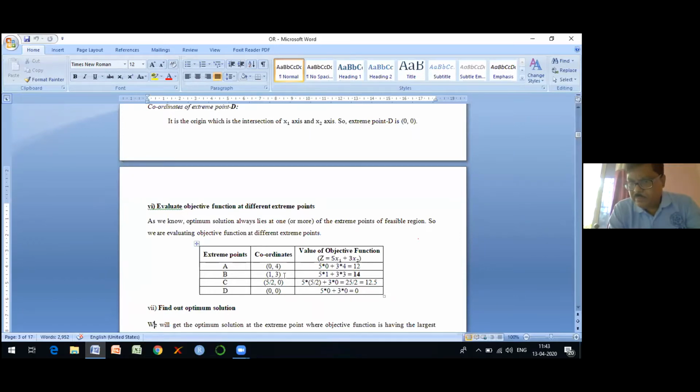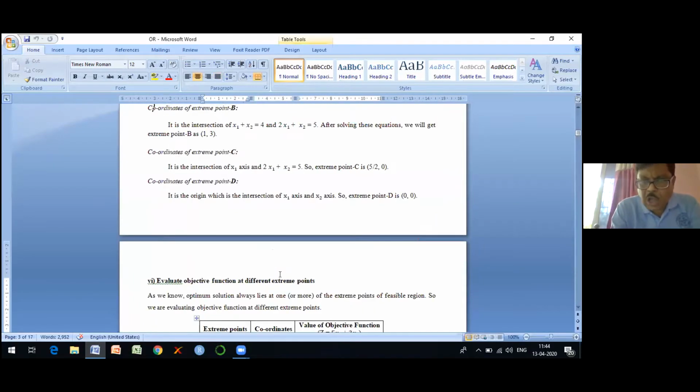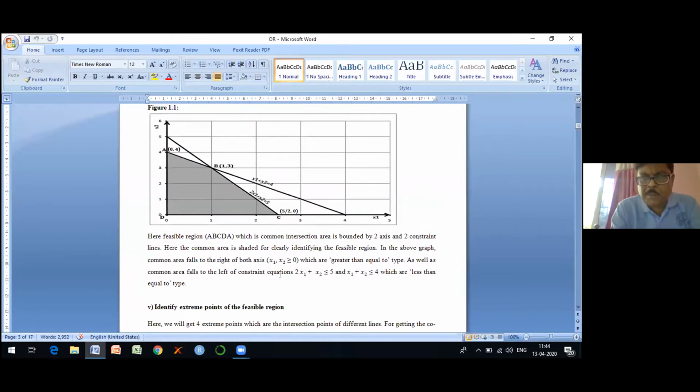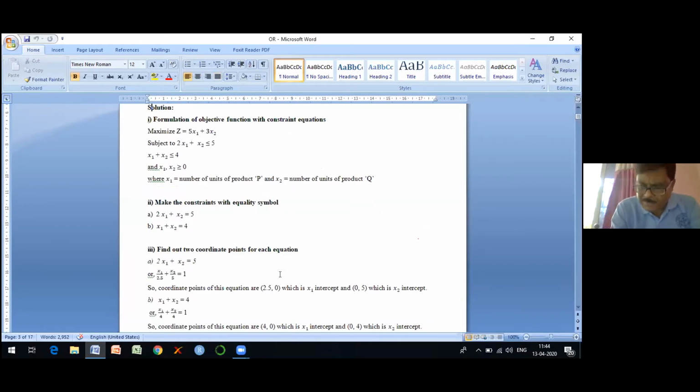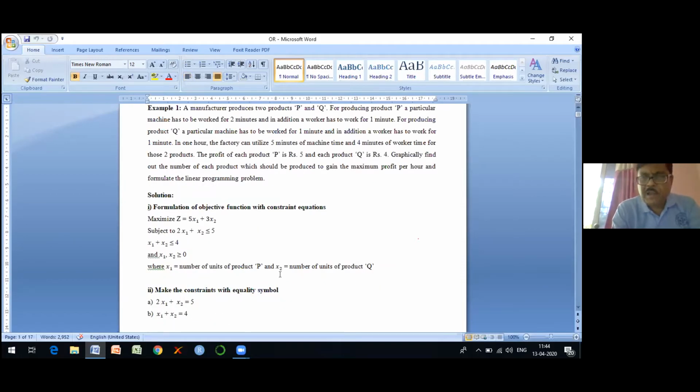So here we can say that we will produce 1 unit of product P and 3 units of product Q, so that the objective of our business, that is the maximization of profit, is achieved. In this way we can solve a linear programming maximization problem graphically.